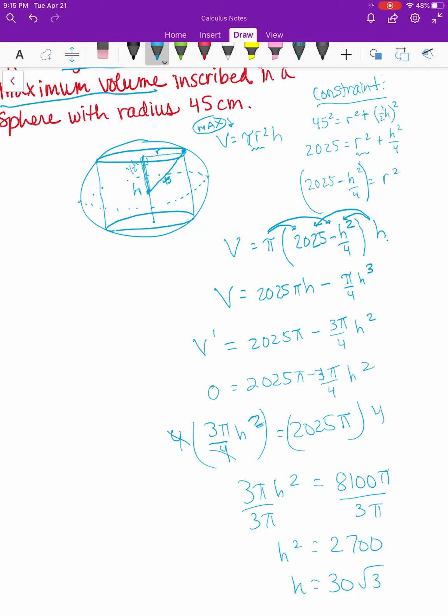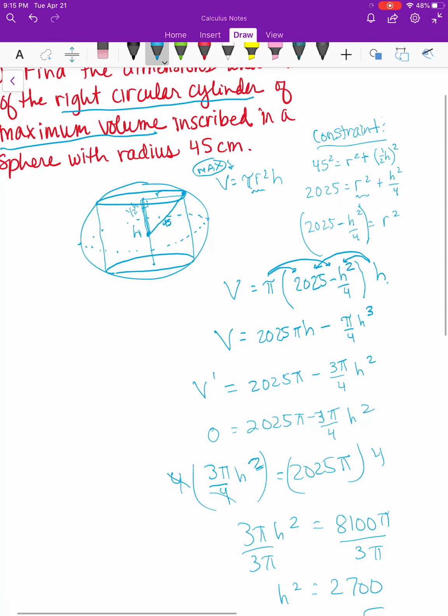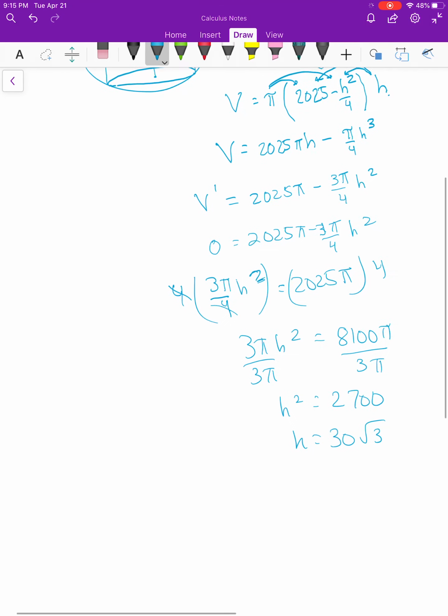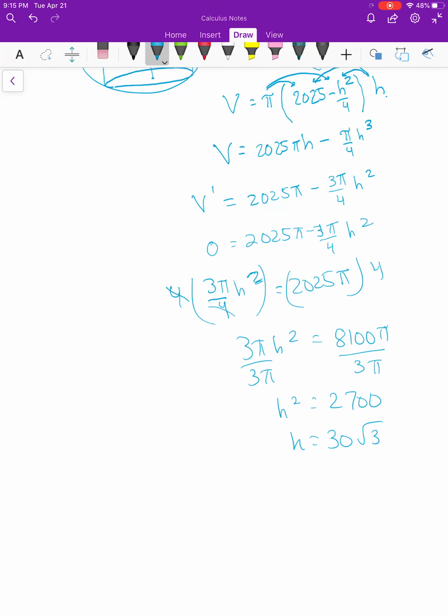And that gave me, when I multiplied that, 8100 pi. Divide by 3 pi on both sides. And h squared became 2700. And when I took the square root of 2700, I got 30 root 3.